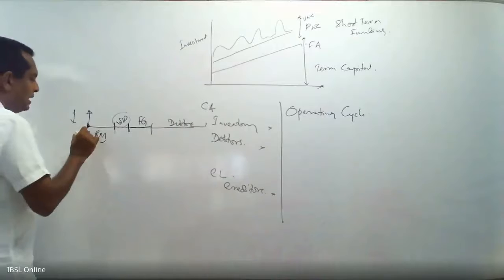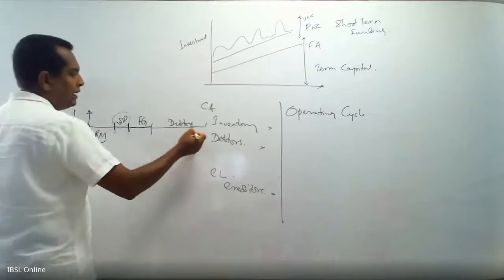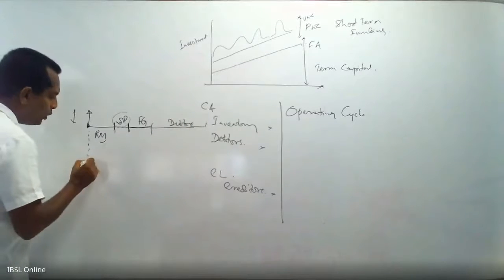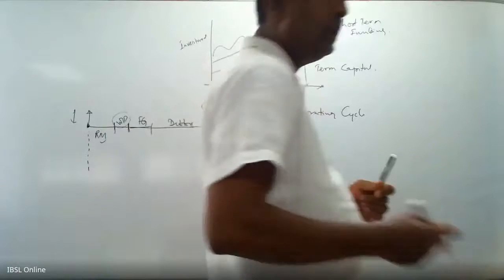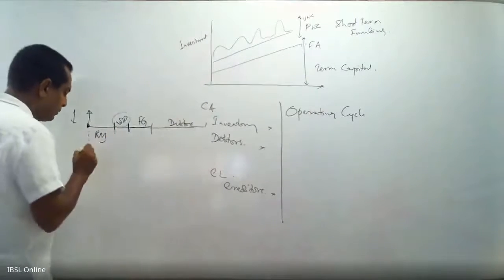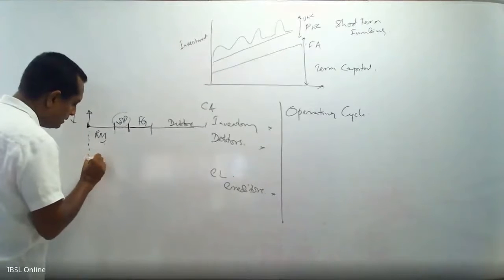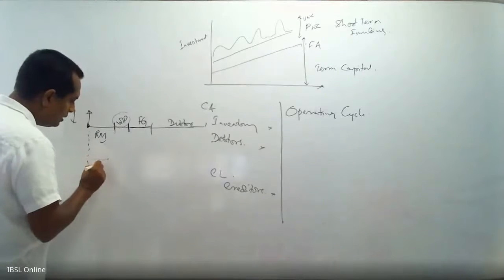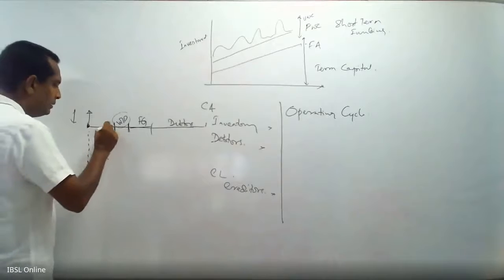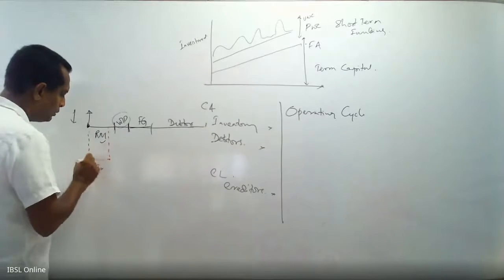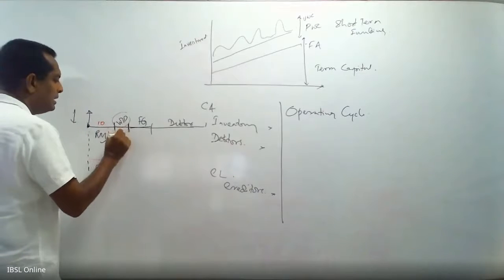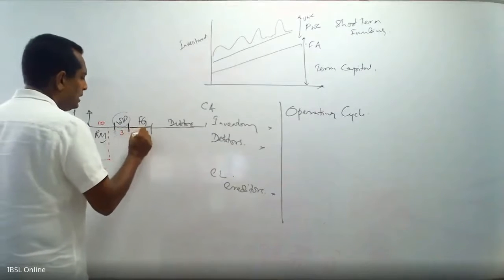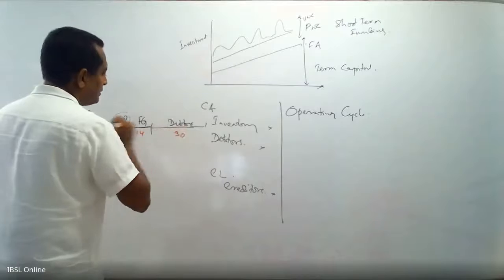Then similarly, you give credit to the market, and you also can get credit from the market, right? This is your creditors. Say this is 10 days, this is 3 days, this is 14 days, this is 30 days.